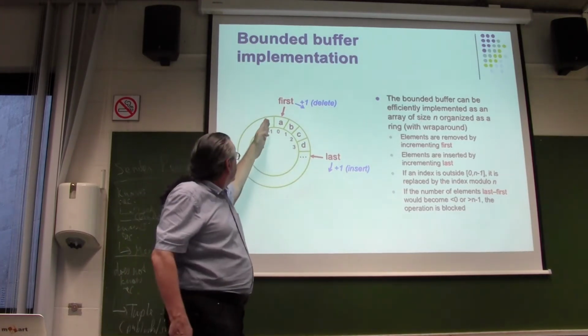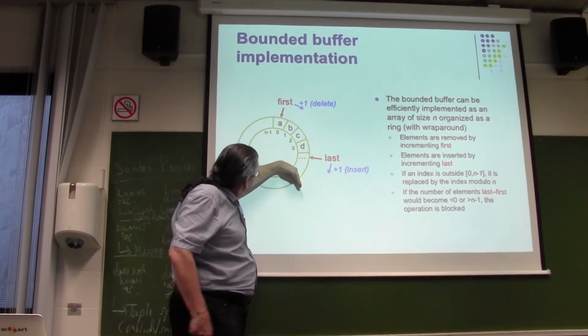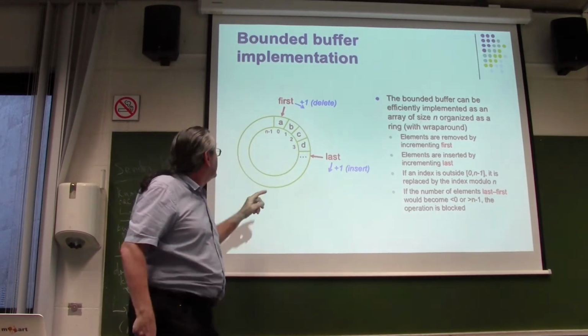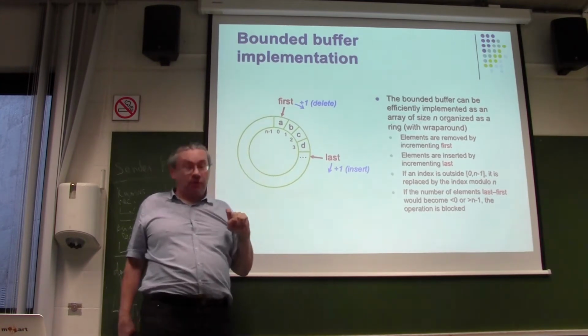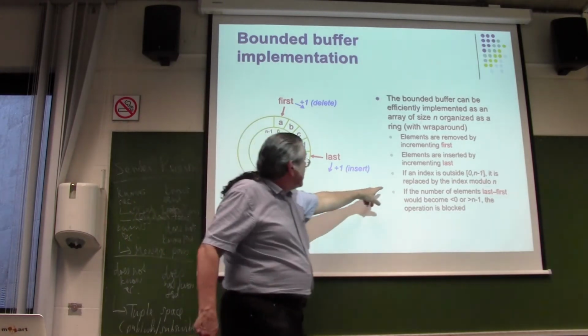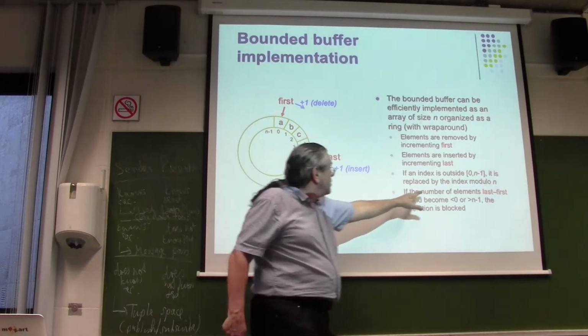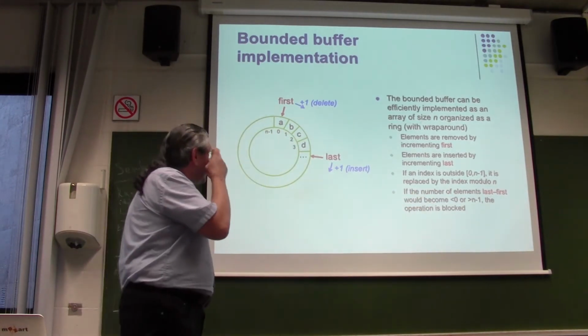I remove elements, this one is going to be moving like this, I add elements, it's going to be moving. So the two pointers are going to be going around and around, and once they go past n minus 1, it starts with 0 again, okay? If an index is outside the interval 0 to n minus 1, it's replaced by index modulo n. So you're always on the ring, okay?